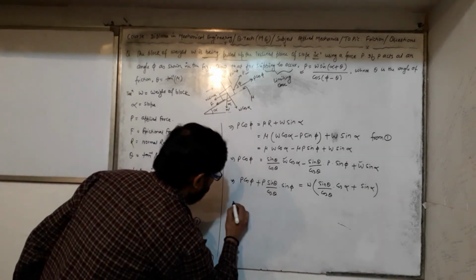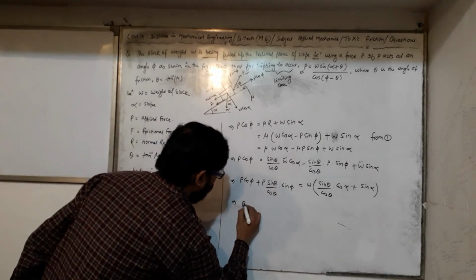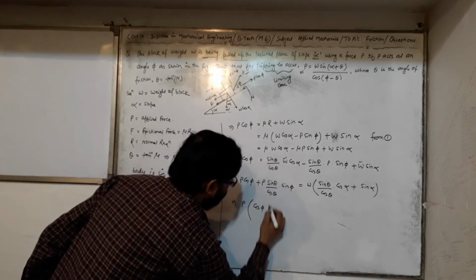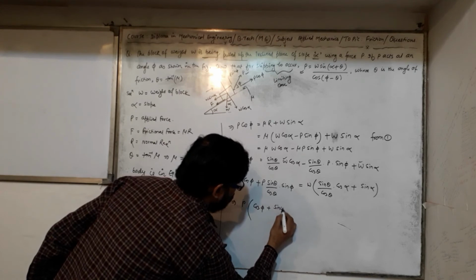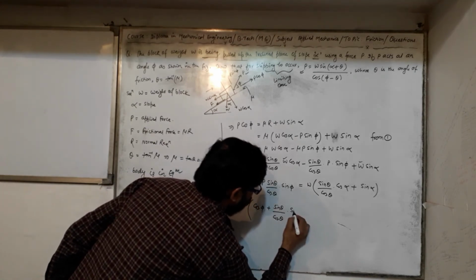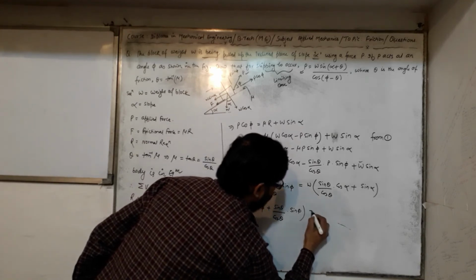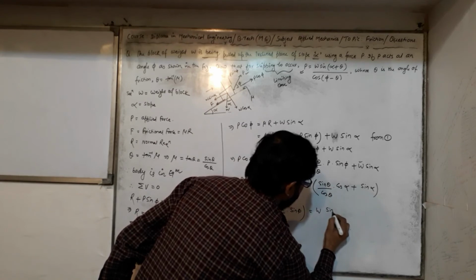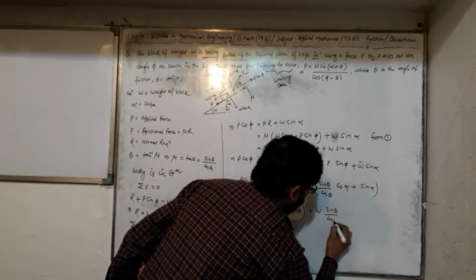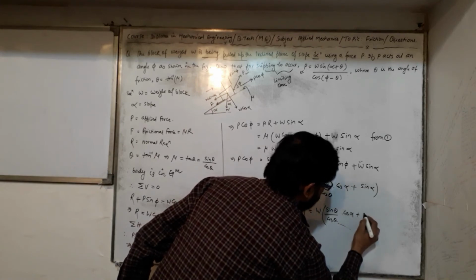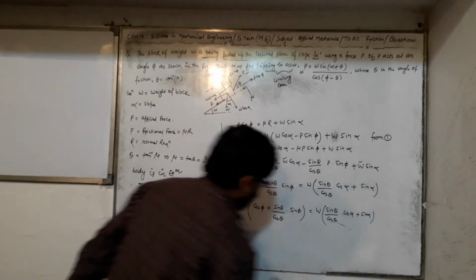So we can say P, common from both terms, cos phi plus sin theta upon cos theta into sin phi equals W sin theta upon cos theta into cos alpha plus sin alpha.